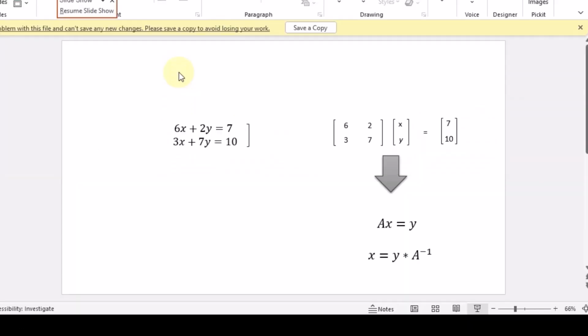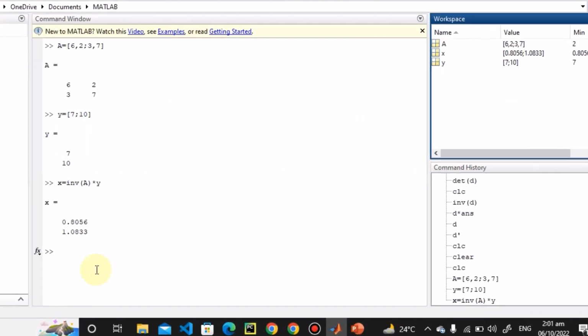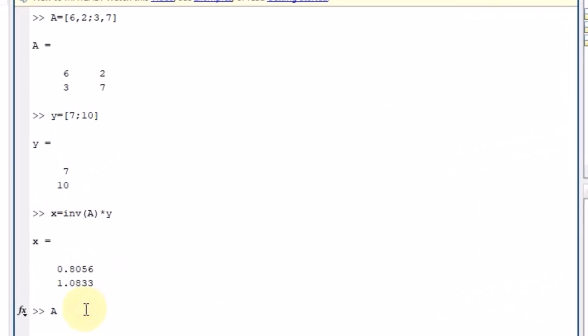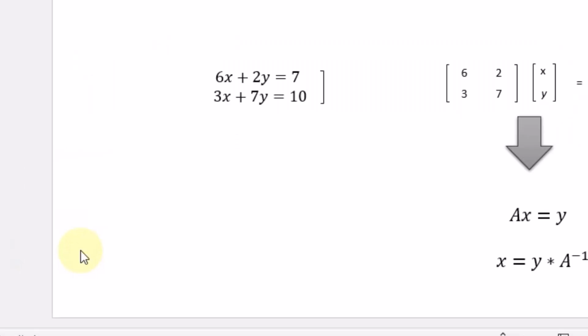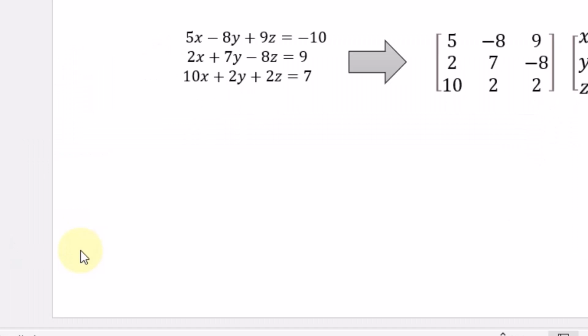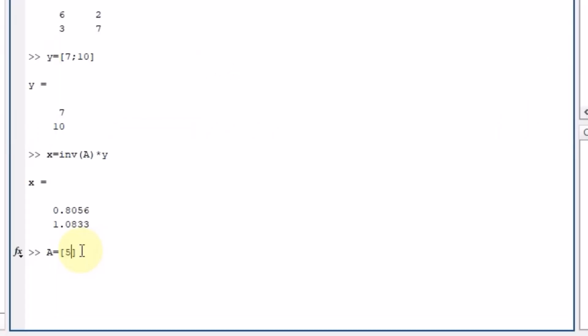Let me write them again in a similar manner. That is now 5, minus 8, 9 in the first row.